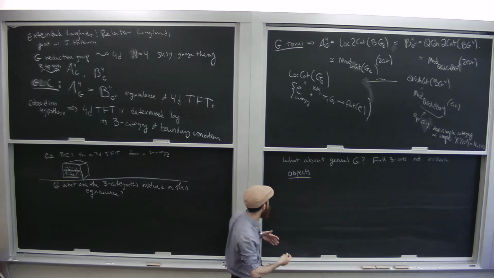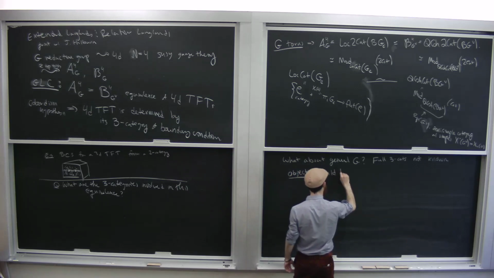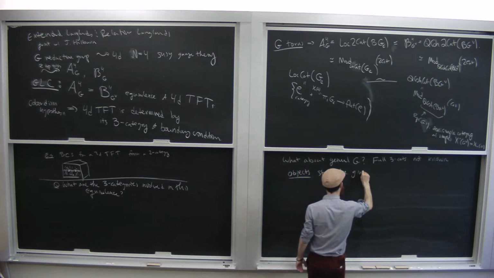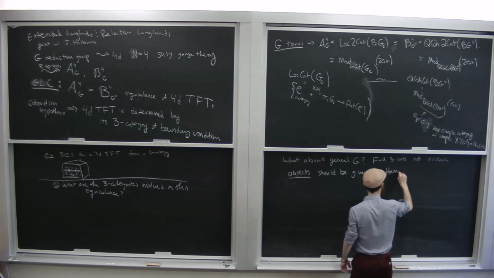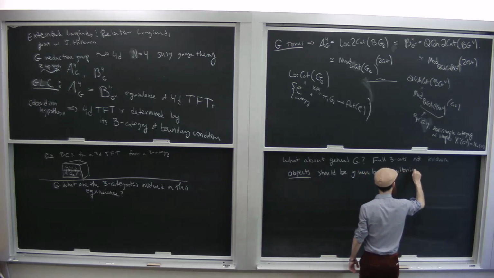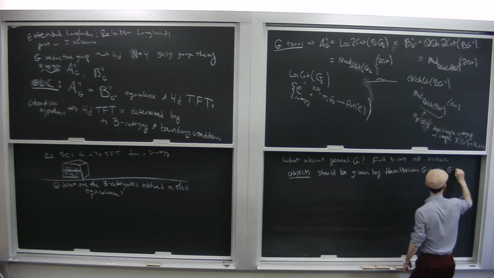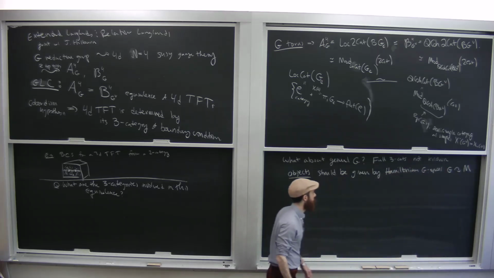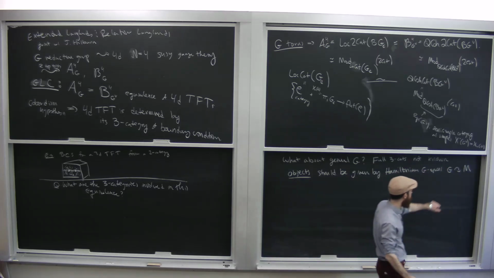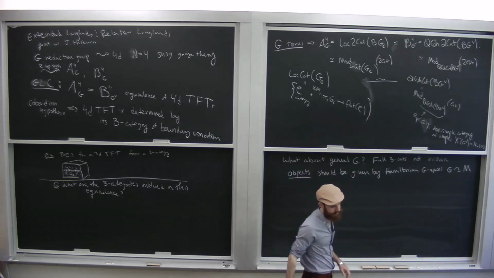Let me give a little heuristic that objects should be given by Hamiltonian G-spaces, so some kind of symplectic space M together with a Hamiltonian G action.